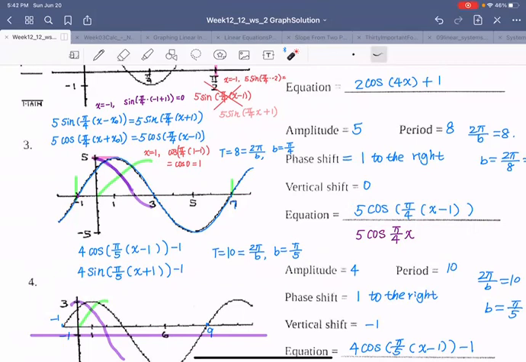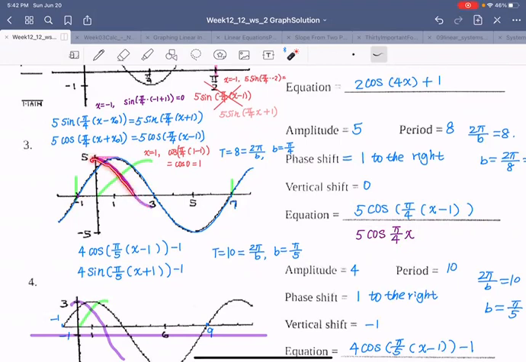When there is a horizontal shift of some sort, does it matter if we use cosine or sine? Very good question. You can choose cosine, you can choose sine. If I choose cosine, you draw the cosine original graph.